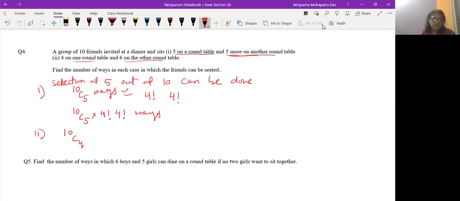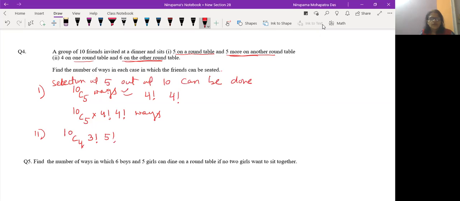You can select in 10C4 ways, and you can arrange these 4 in factorial 3 ways. Now the remaining 6 can be arranged on the other round table in factorial 5 ways.